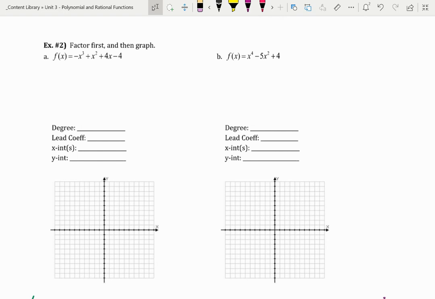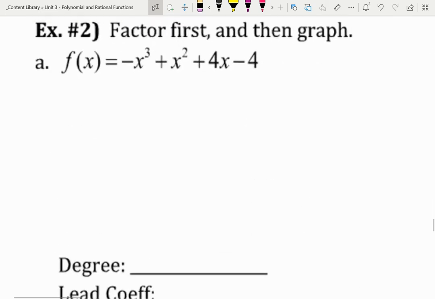Then factor first and then graph. So these are pretty nice. I'm gonna let you guys do B, I'll do A, and then like I said, I'll put the answer up. I'm gonna go ahead and factor by grouping.